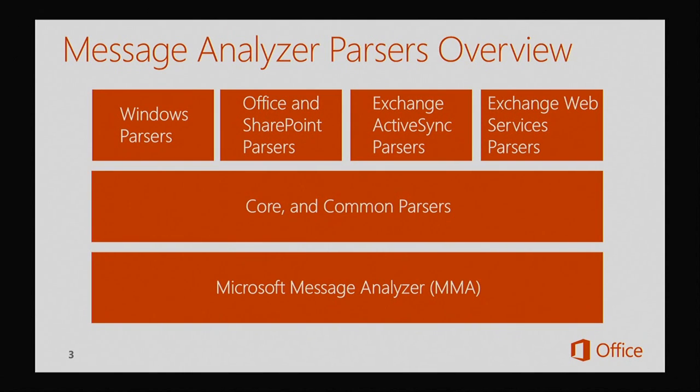We also provide 3 packages of Office parsers: for Office and SharePoint, Exchange ActiveSync, and Exchange Web Services. My session will focus mainly on the 3 Office packages, but they cannot work without the Windows lower layer parsers, so you will see them as well.